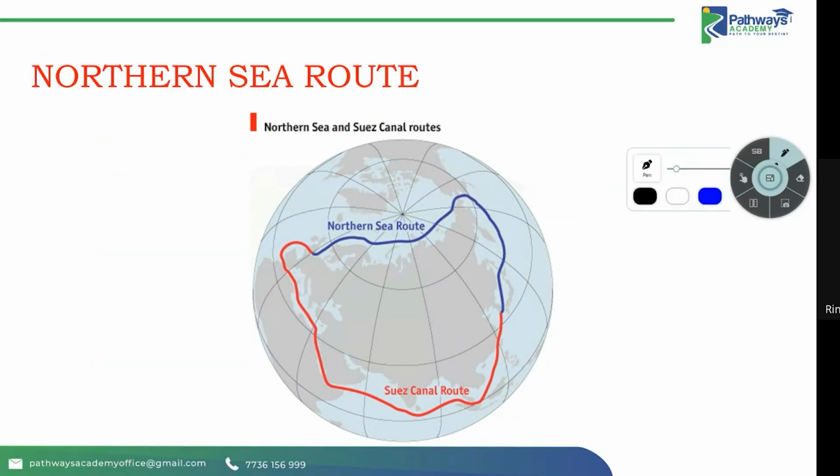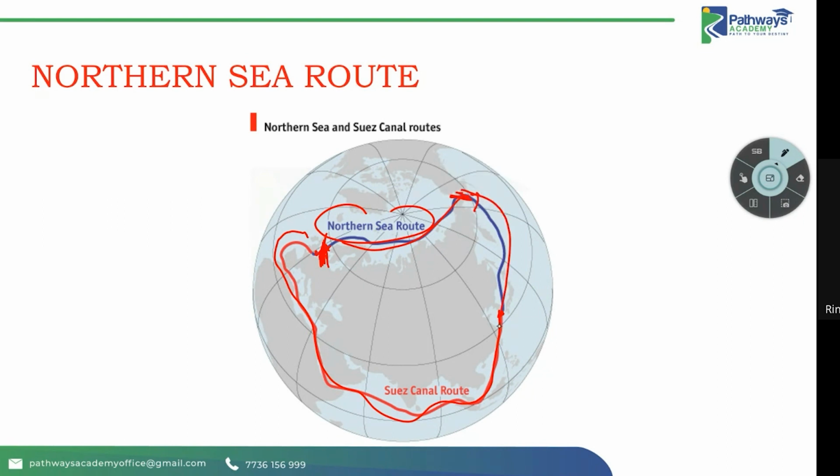I will show you the North Sea route. You can see the North Sea route. Actually, if South China and China have to reach this Arctic Ocean, usually they take the Suez Canal route. Actually, it's a long route, so they can cut down the distance through the North Sea route. It connects Murmansk Port through Bering Strait, and from Bering Strait, it is connected to Asia.